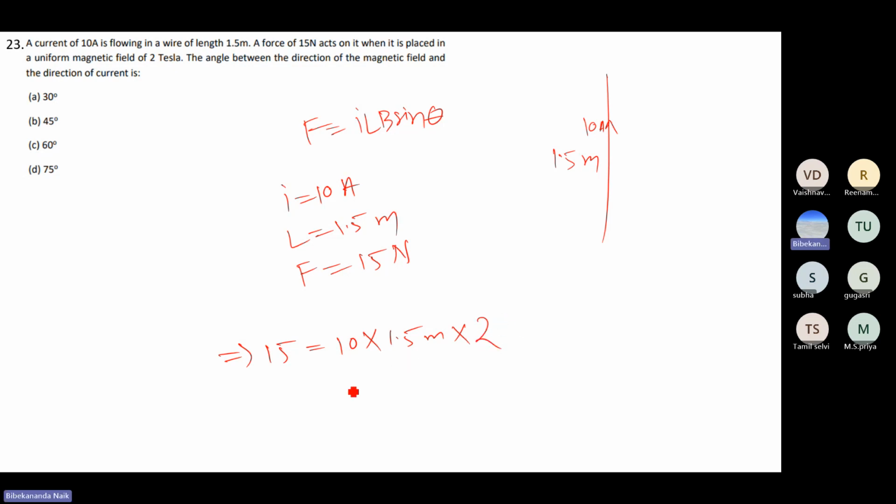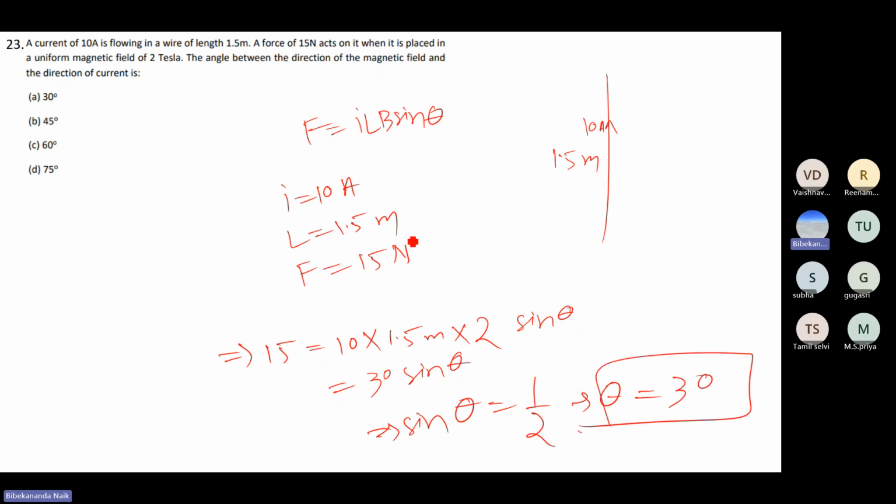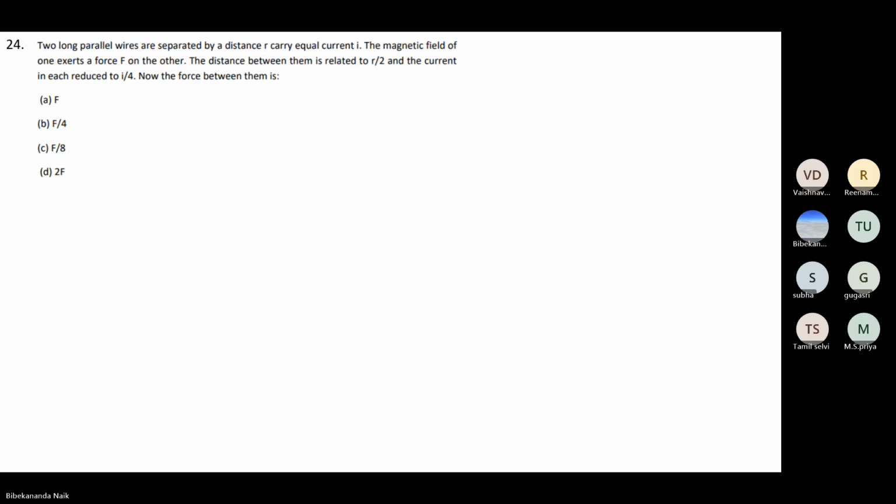So 10 into 2 is 20, into 1.5 is 30, times sin theta. 15 is equal to 30 sin theta, so sin theta is 1 by 2. Sin 30 is 1 by 2, so theta is equal to 30 degrees. So the correct option is option A, which is 30 degrees.